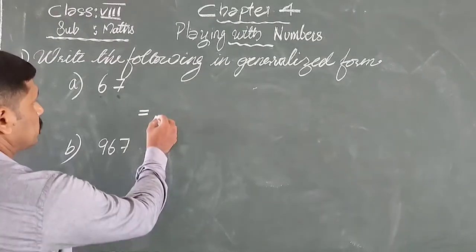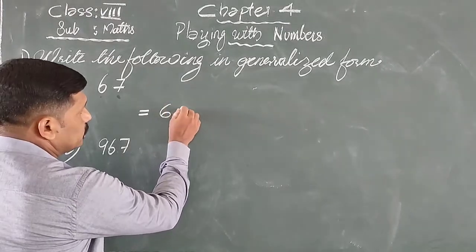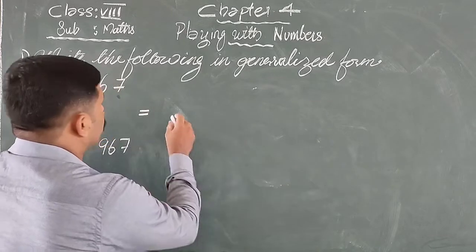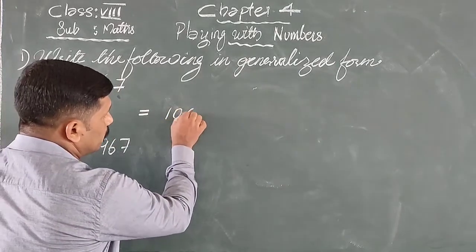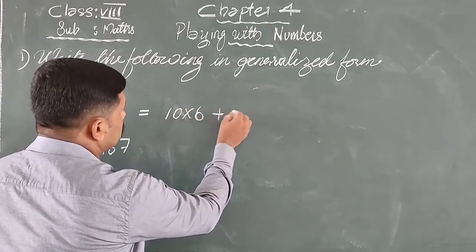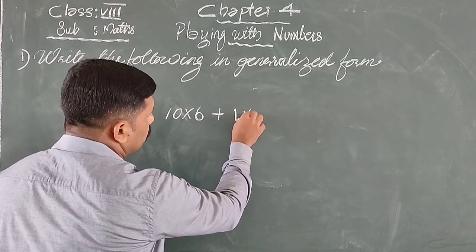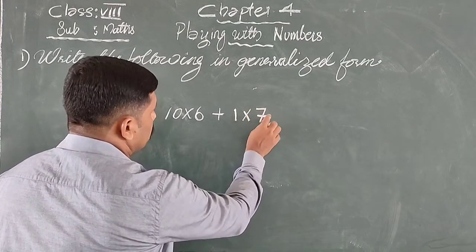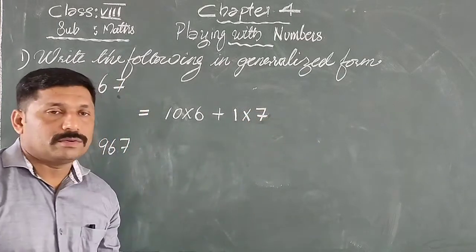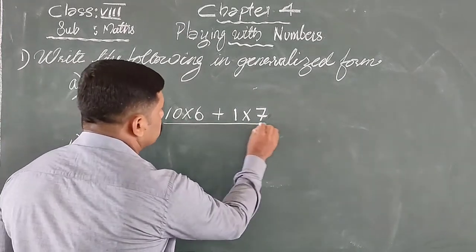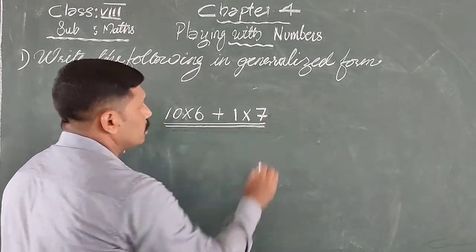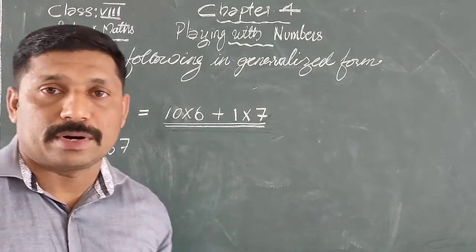So 6 is in the tens place, so we multiply by 10, plus 7 is in the ones place, so we multiply 7 by 1. Now this is changed into its generalized form.